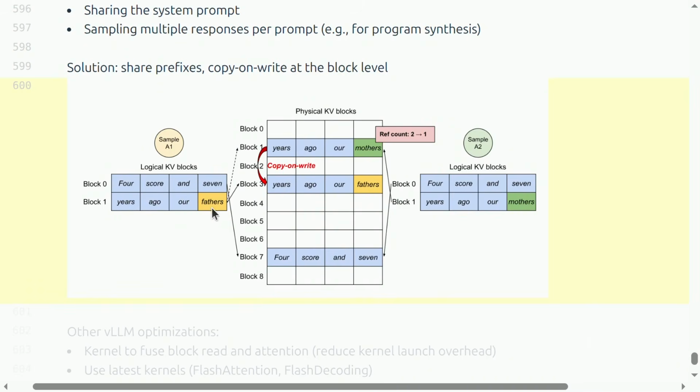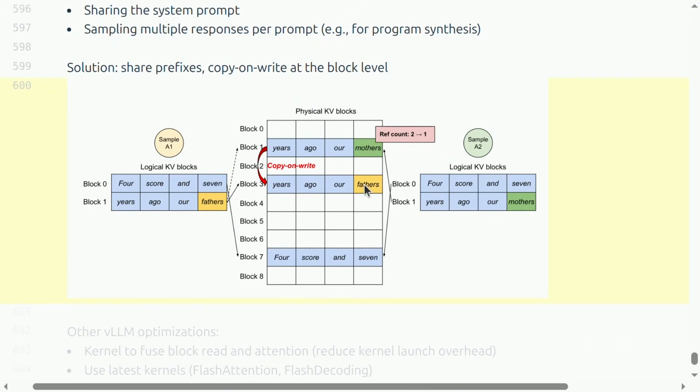For example, if you were to generate multiple generations from "seven years ago our blank", what would happen here is that you would start by having "years ago our", and then this is called copy-on-write semantics. You keep this, and then we have these two samples, and if they happened to sample the same token, you just continue with that.